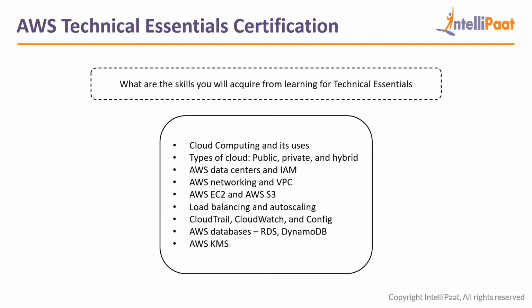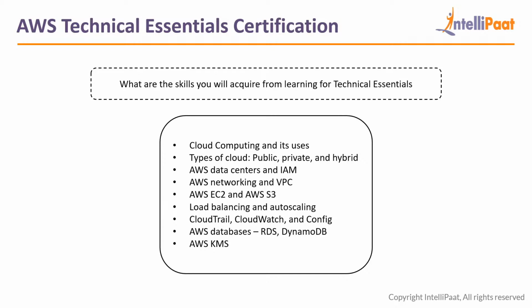So in technical essentials, these are the things which you'll learn: cloud computing and its uses, types of cloud, public, private, and hybrid, AWS data centers, how they work and how hypervisors are used, and then IAM, then AWS networking and VPCs, then AWS EC2, S3, load balancing and auto scaling, CloudTrail, CloudWatch, Config, and RDS, DynamoDB, and also AWS Key Management Service. So RDS is Relational Database Service, S3 is Simple Storage Service, EC2 is Elastic Compute Cloud. So these are all the AWS skills you need to basically take up this particular certification.